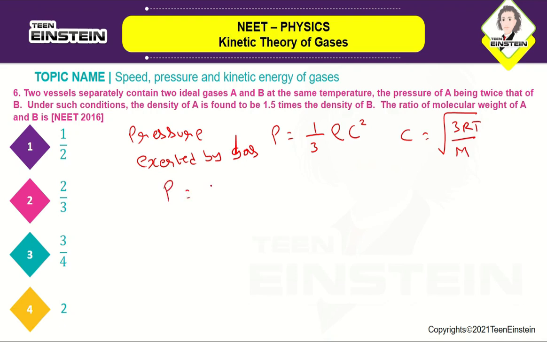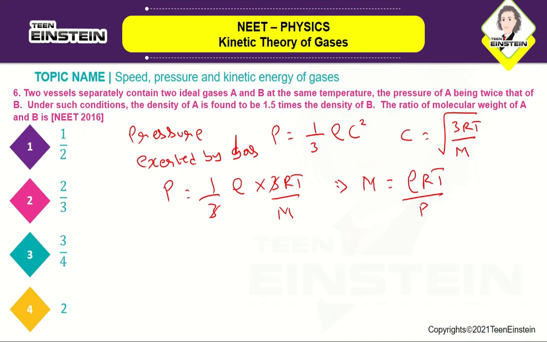So P will become automatically 1 by 3 into 3RT by M. 3 and 3 will get cancelled. So you'll be getting the molecular weight M is equal to rho RT by P. So here we have got an equation for the molecular weight. What they are asking is to find out the ratio of molecular weights of A and B, with respect to the density.